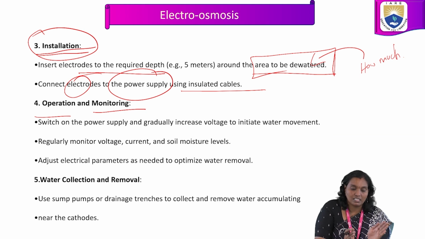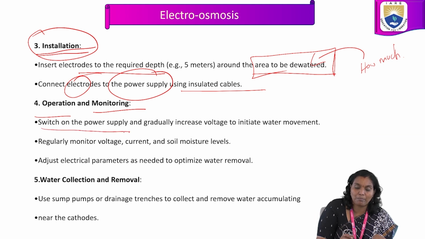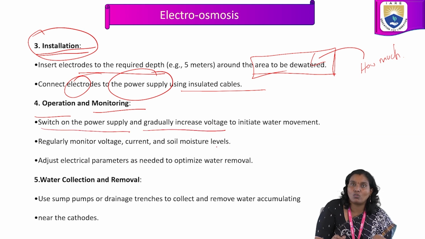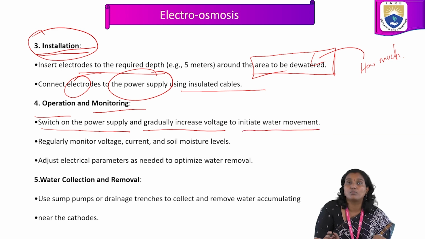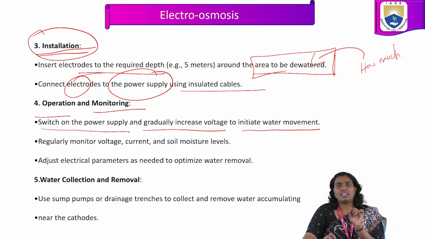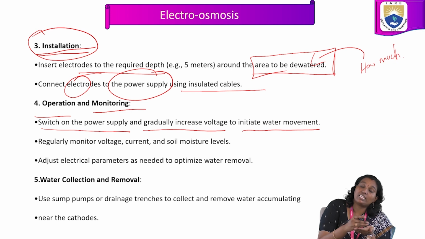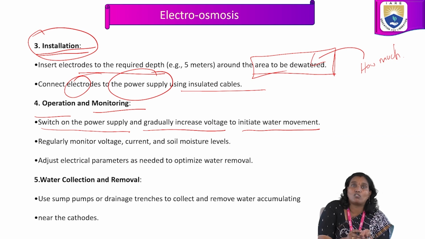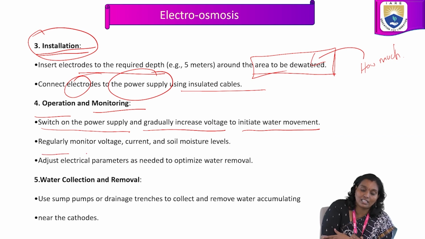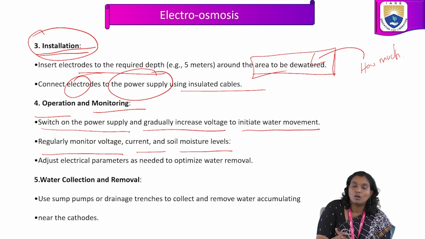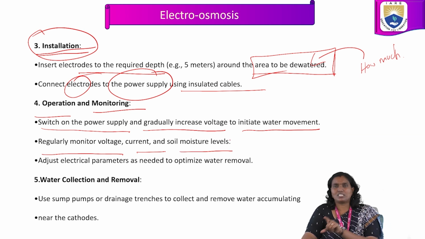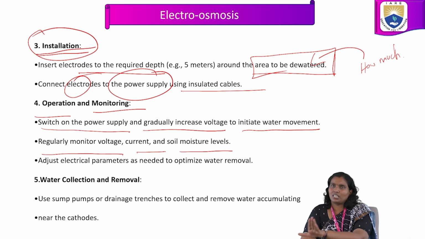In this, switch on the power supply and gradually increase the voltage to initiate water movement, and regularly monitor the voltage, current and soil moisture levels. Once the process starts, this comes under the operation step.